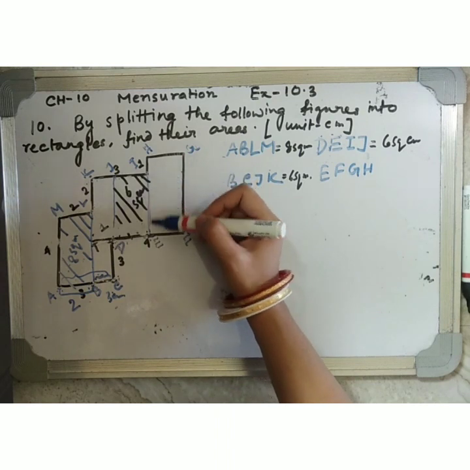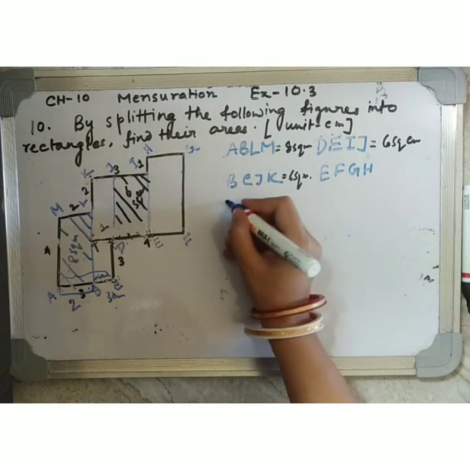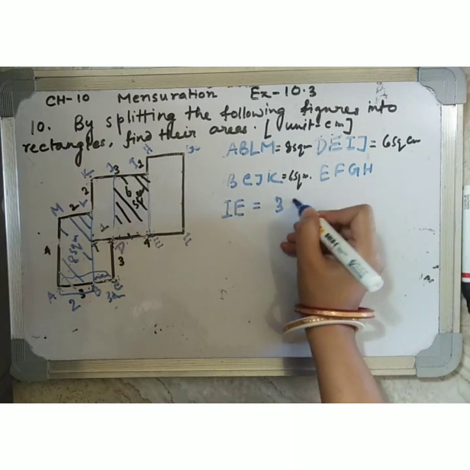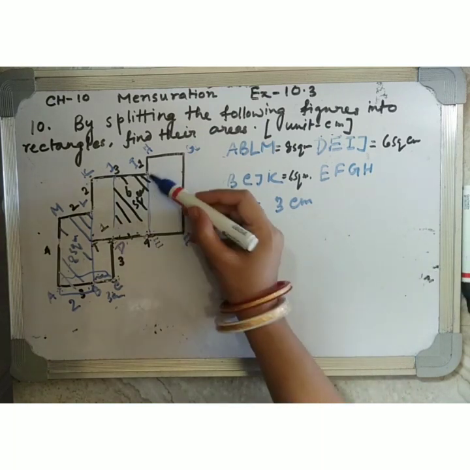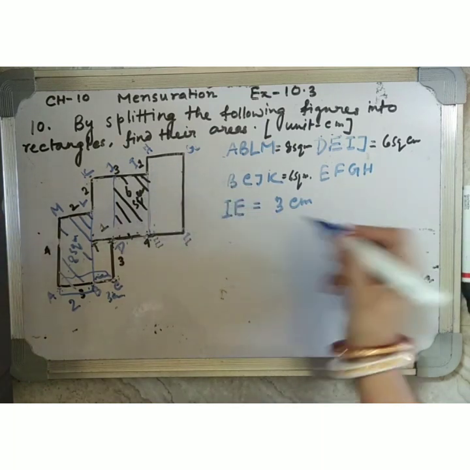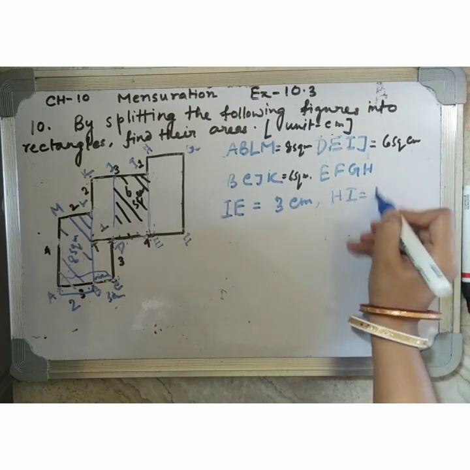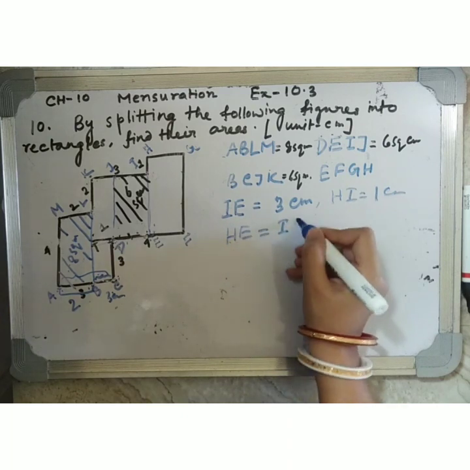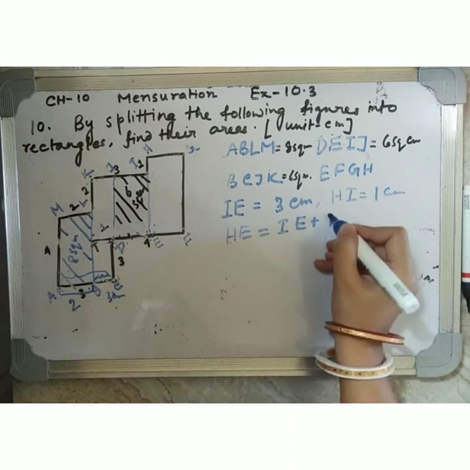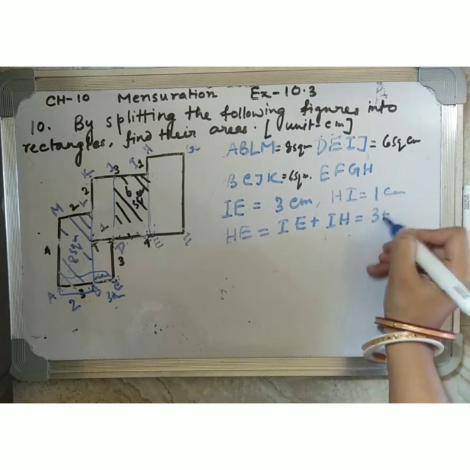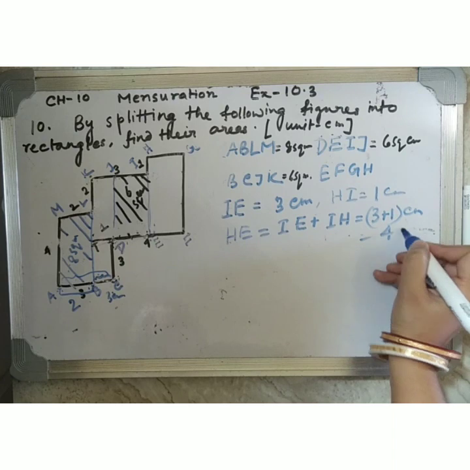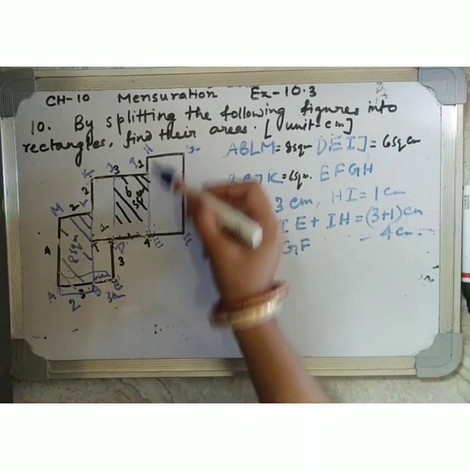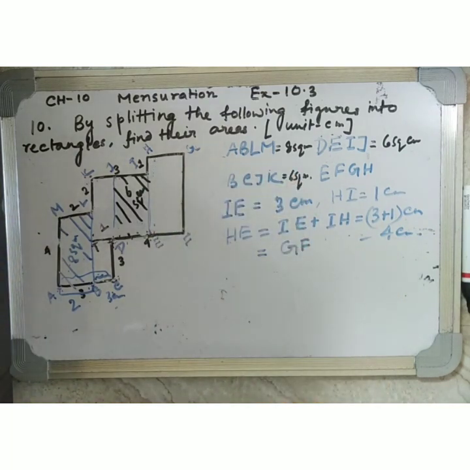Now we know the length of IE, which was 3 centimeter, and HI is 1 centimeter. So HE will be equal to IE plus IH, that is 3 plus 1 centimeter, which is 4 centimeter. Means it will be equal to GF, because HE and GF both are opposite sides of this rectangle.